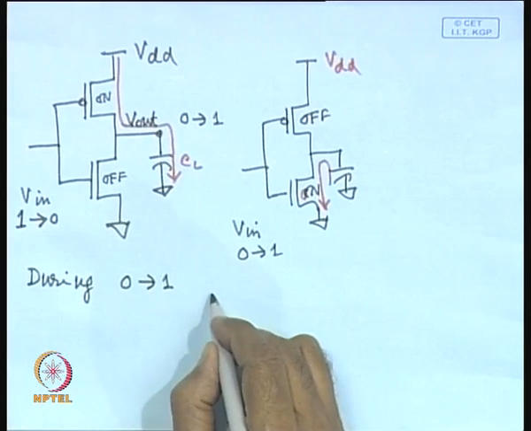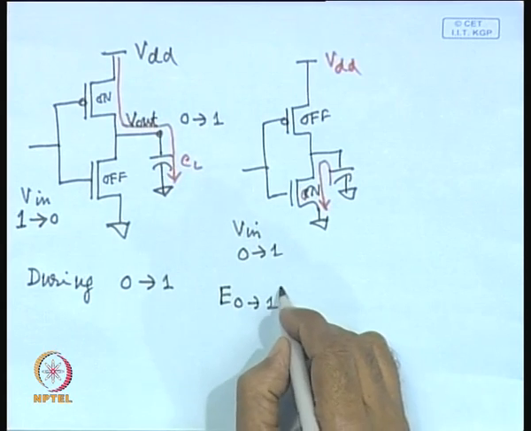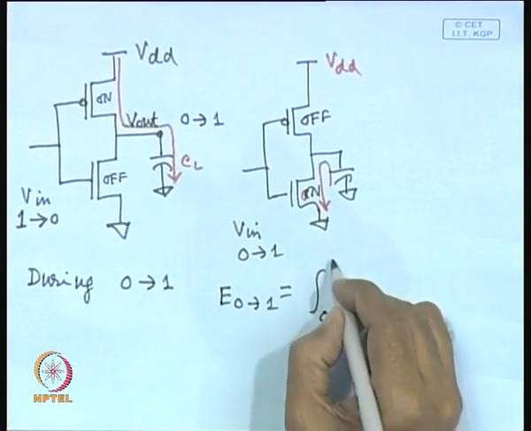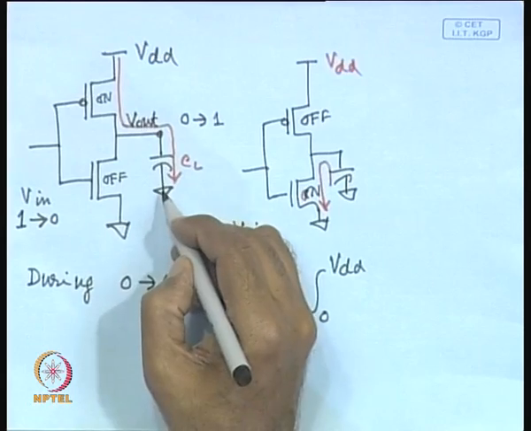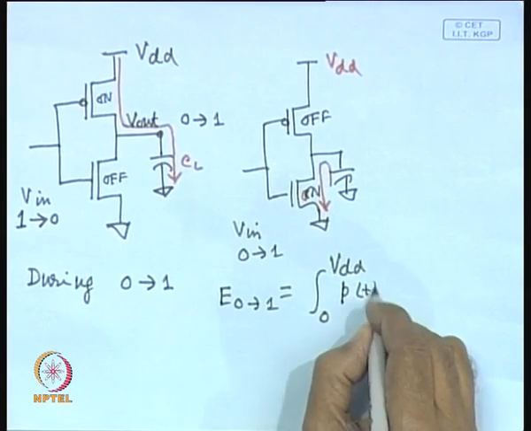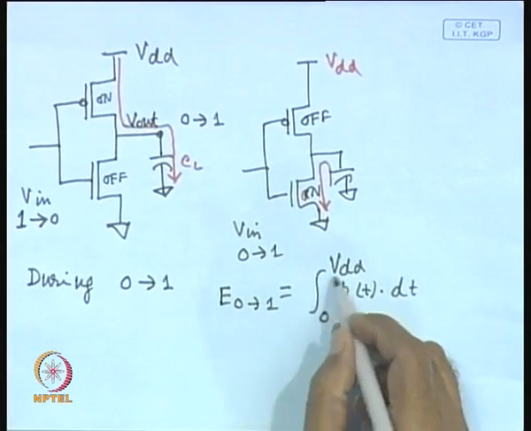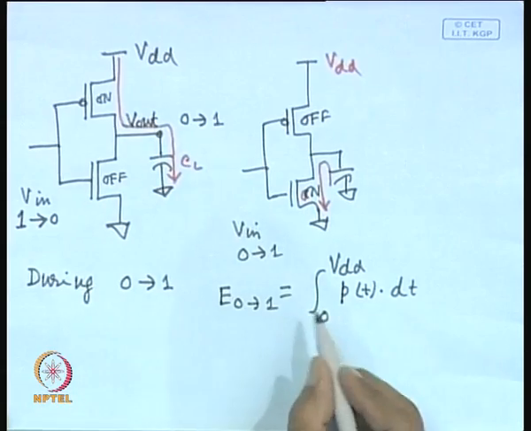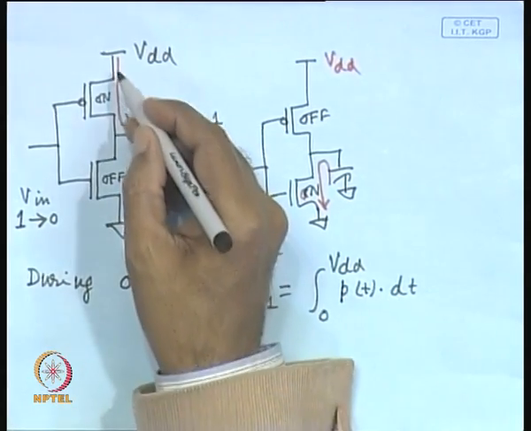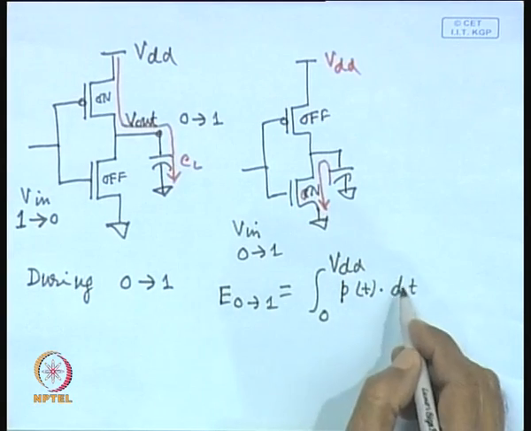So energy drawn E 0 to 1 is equal to integral from 0 to VDD. This capacitor is charging from 0 to VDD, over a period of time this is happening. And as you know, current will pass through this part of the circuit, and that will lead to power dissipation.